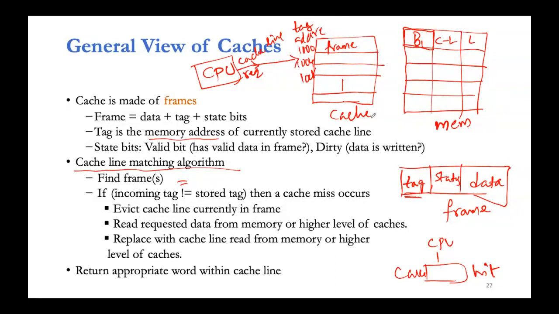Then it evicts the cache line currently in the frame, accommodates the read request data from your memory or higher level caches, replaces the cache line, and returns the appropriate word within the cache line.